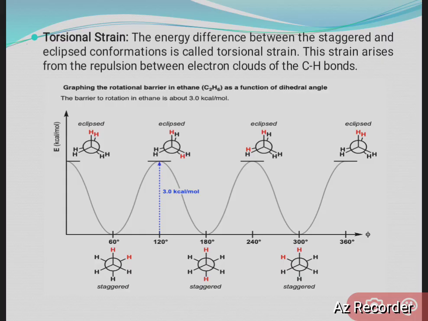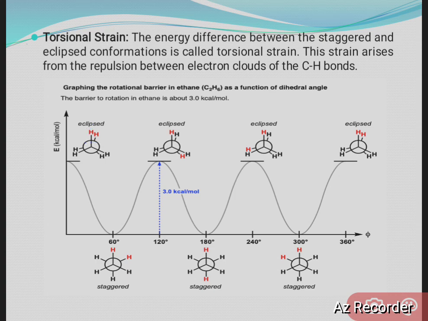See here, this is the eclipsed structure of ethane. Here one hydrogen is aligned exactly behind the other hydrogens. The dihedral angle is 0, and we represent this in red color. Due to the rotation, for the sake of understanding the rotation of the molecule.